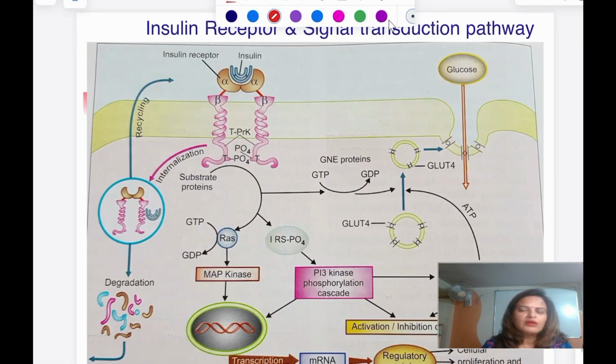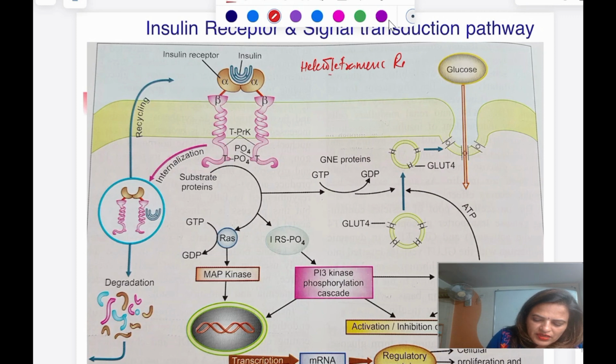Now, what is the mechanism of action of insulin at its receptor? You can see the insulin receptor is heterotetrameric. Tetrameric means there are 4 peptides, the 4 subunits of this receptor.